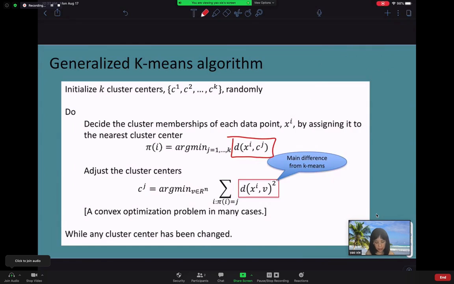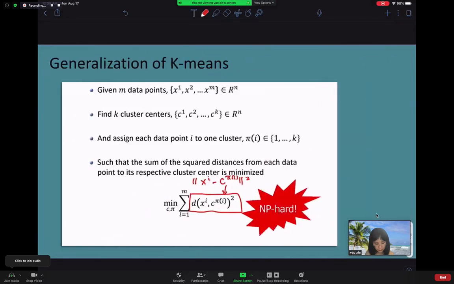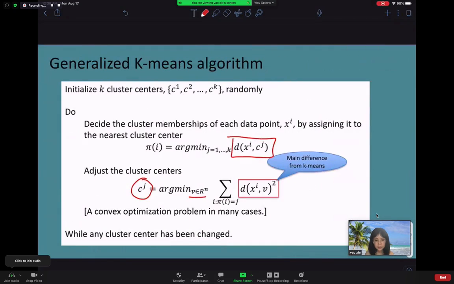And after that, we're going to find the new centroid through this optimization problem, finding the v. This v is the new centroid that minimizes the sum of the squared similarities between v and each of the points that belong to this particular cluster. This is different from before as well, because in k-means, this d is the squared L2 distance between xi and v.